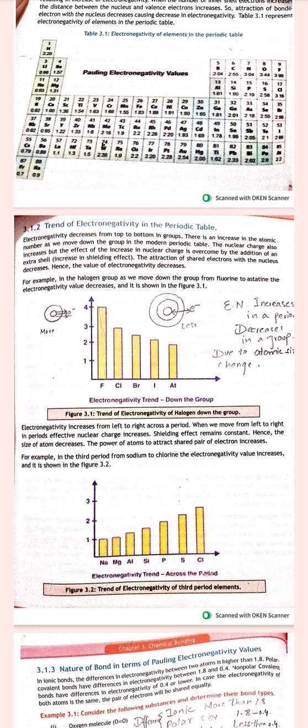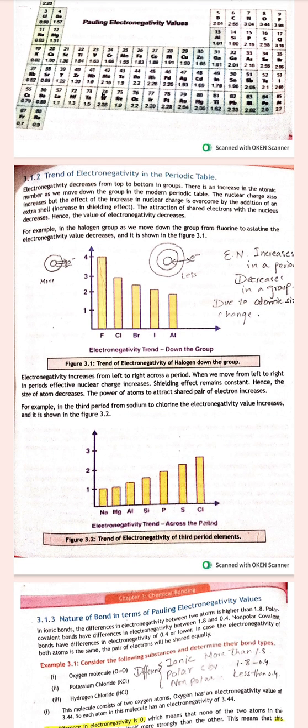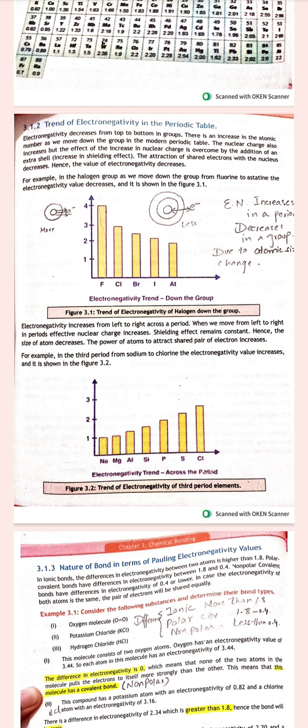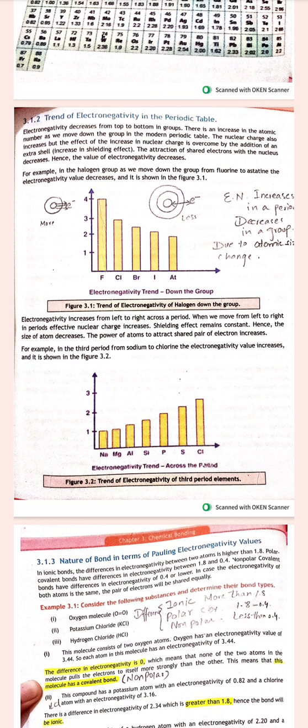Now what is the trend of electronegativity in the periodic table? Electronegativity decreases from top to bottom in groups. There is an increase in the atomic number as we move down the group in the modern periodic table. The nuclear charge also increases, but the effect of the increase in nuclear charge is overcome by the addition of an extra shell. The attraction of the shared electron with the nucleus decreases, hence the value of electronegativity decreases.